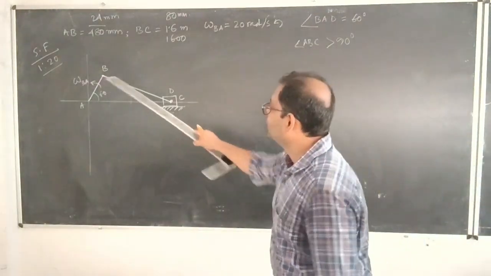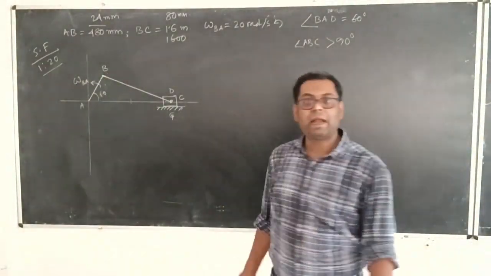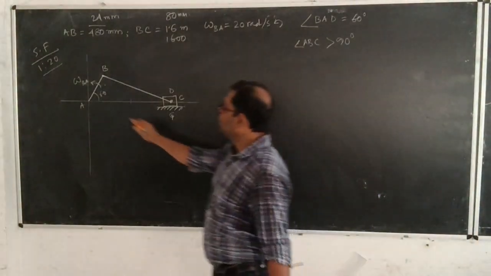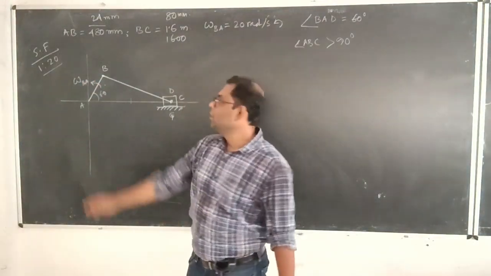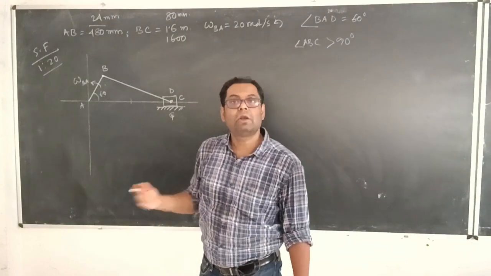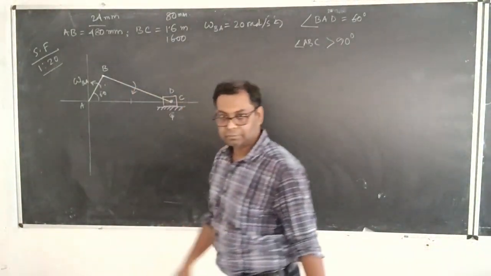Now BC is making an angle with AD greater than 90 degree. So with respect to A, B is rotating in anti-clockwise direction. So with respect to B, C should rotate in clockwise direction, that is in the opposite direction.